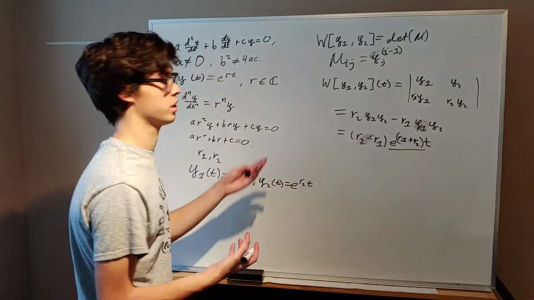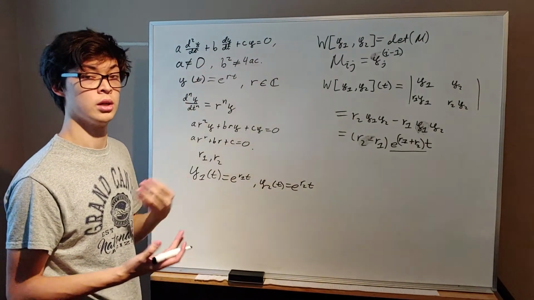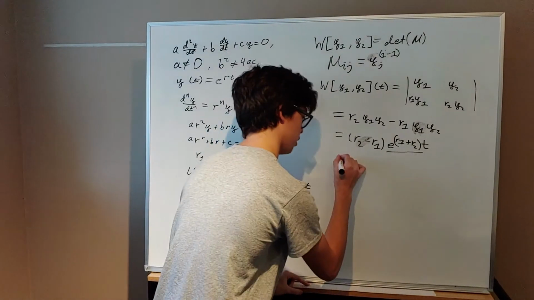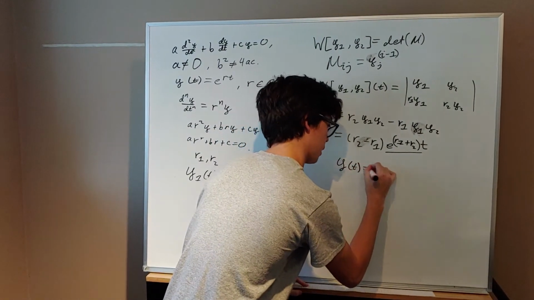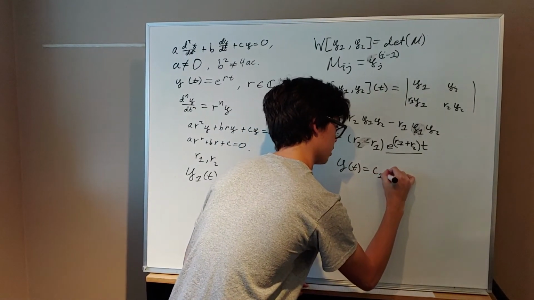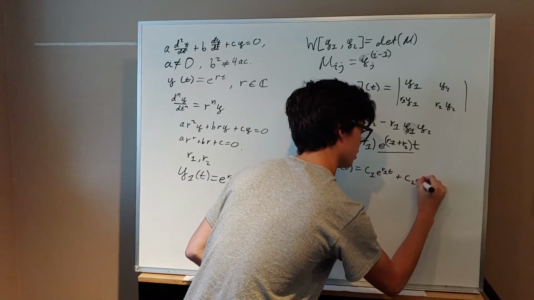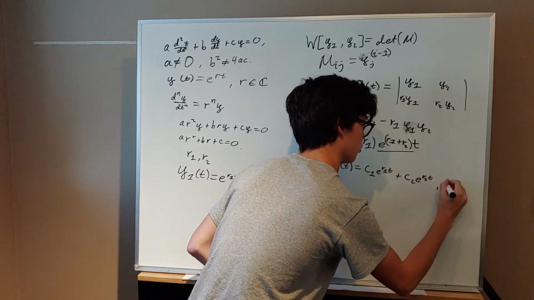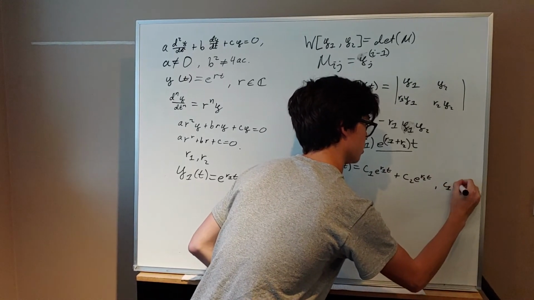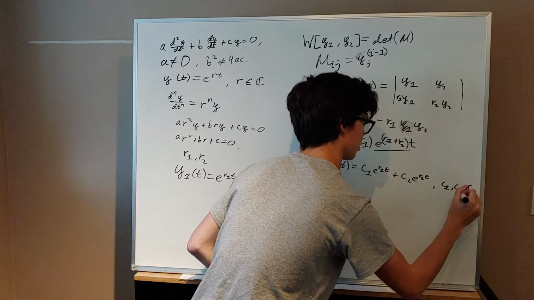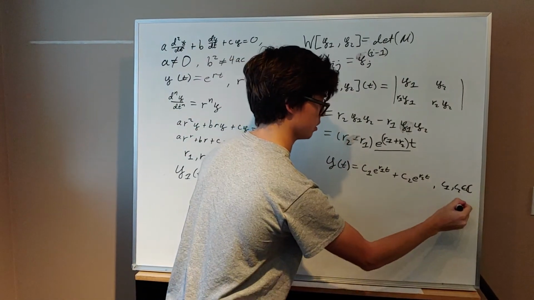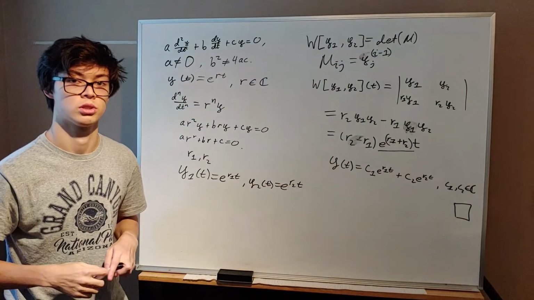So we found two linearly independent solutions to this equation, which means we can write the general solution y of t equals c1 e to the r1t plus c2 e to the r2t for c1, c2 in the complex numbers, and there's our solution to the differential equation.